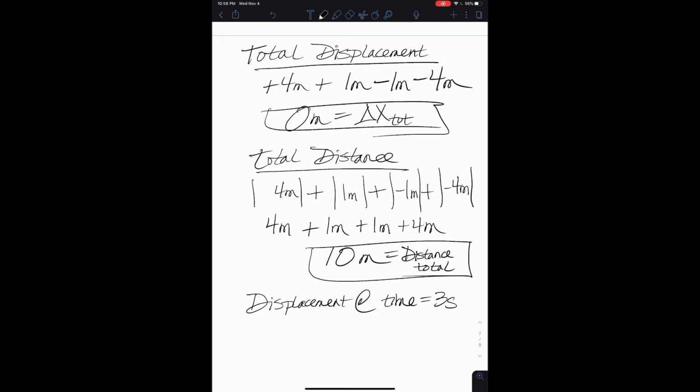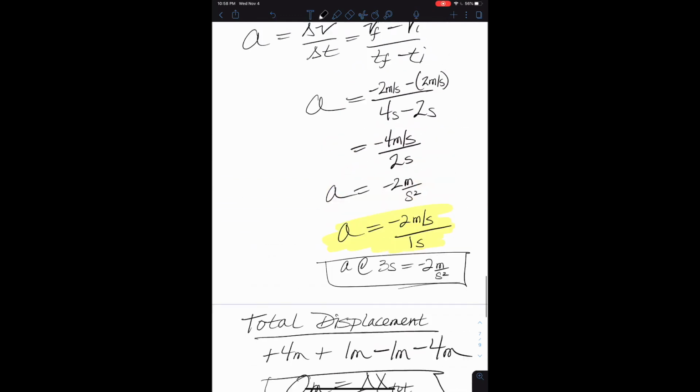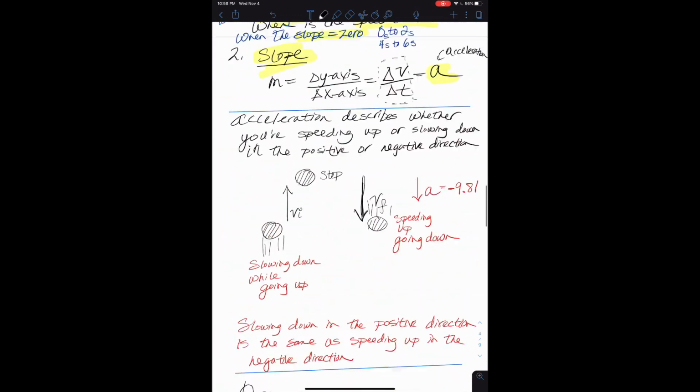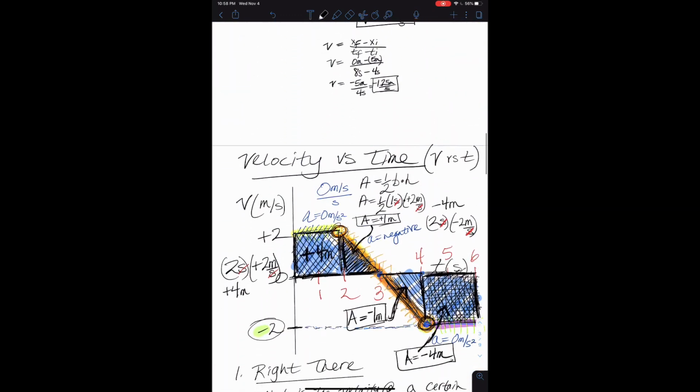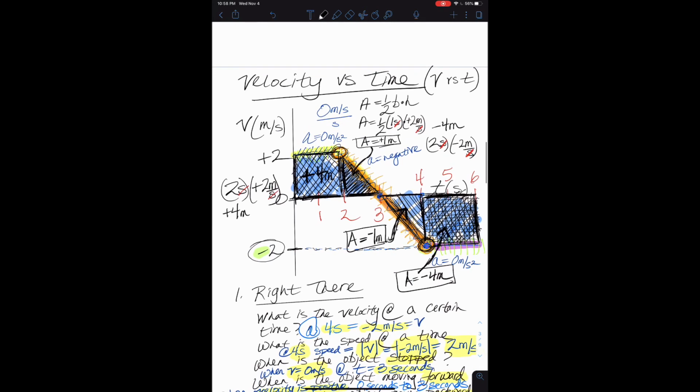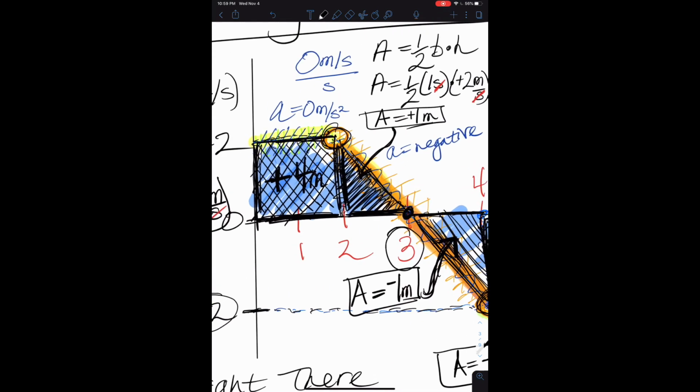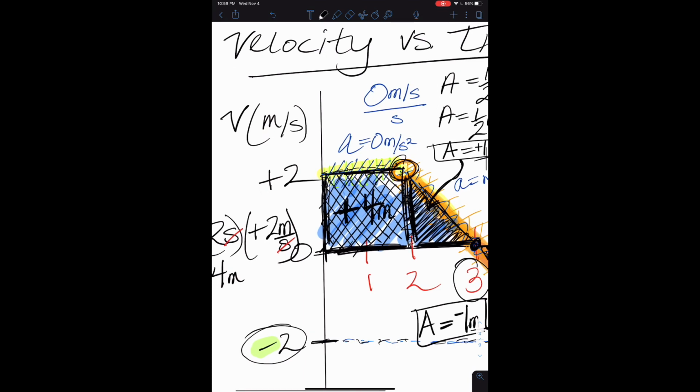All right. Well, let's go back up to the graph. At 3 seconds is right here, right? The 3 right in the middle, at this point. So if we're just focusing on the displacement from 0 to 3, we just focus on this area.